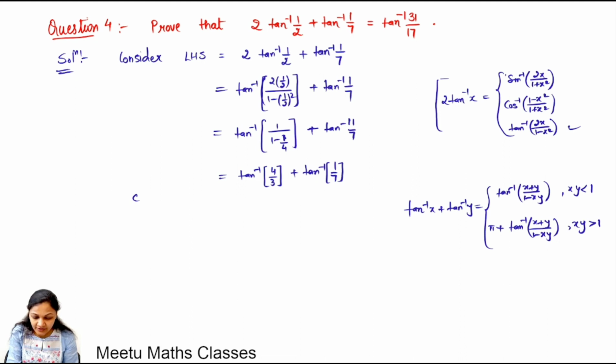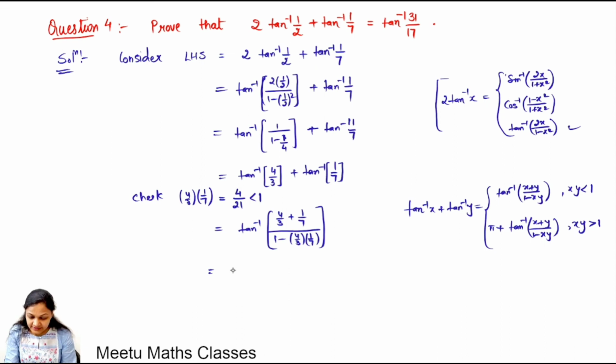So here we are going to check 4 by 3 multiplied by 1 by 7, and that is equal to 4 by 21, that is less than 1. So we can write this as tan inverse of 4 by 3 plus 1 by 7 upon 1 minus 4 by 3 into 1 by 7.